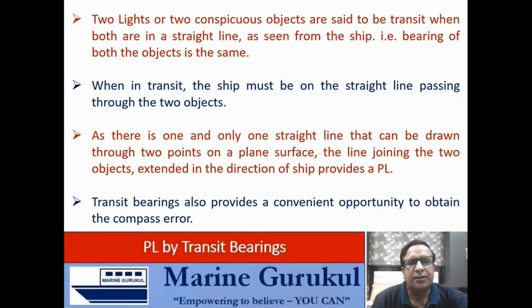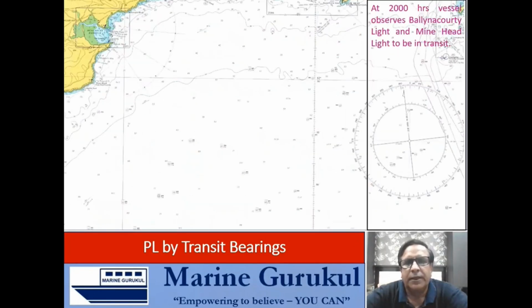Let us understand the transit bearing and its use for getting the compass error through a simple example. At 2000 hours, vessel observes Bellina-Coty light and Minehead light to be in transit. When in transit, bearing was observed to be 015 degrees gyro and 018 degrees compass.